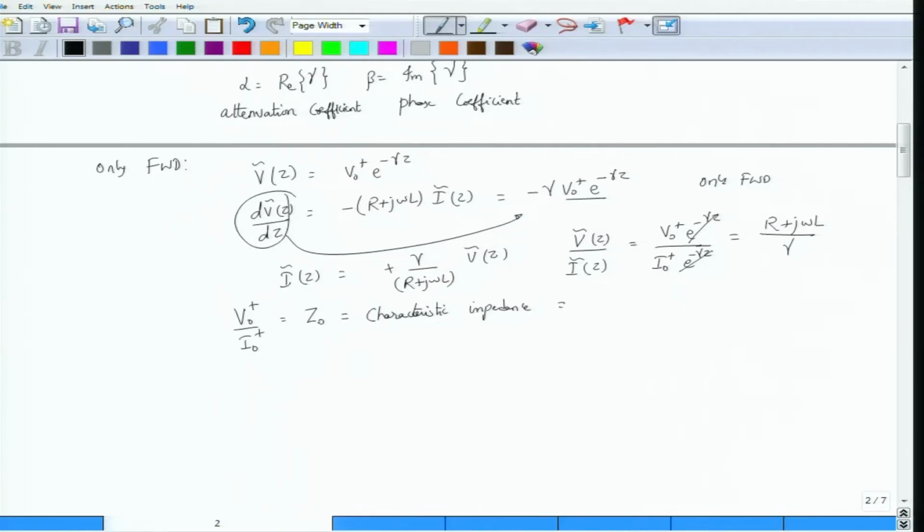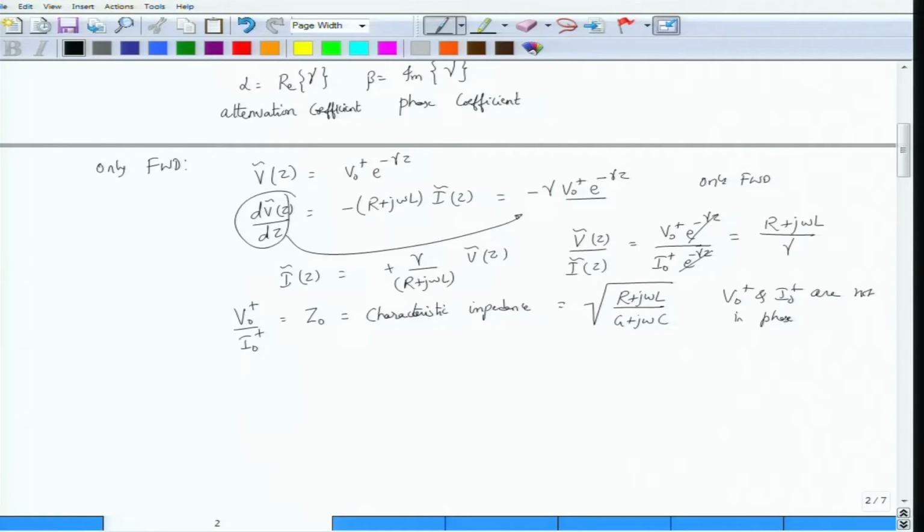And what is this Z0? This is (R plus j omega L) by gamma. But substituting for gamma as square root of (R plus j omega L) into (G plus j omega C) will give you this expression. This expression is very important, and in general it describes the fact that V0 plus and I0 plus are not in phase, which means that not the entire available voltage and current is contributing to the power, some power is actually getting lost.